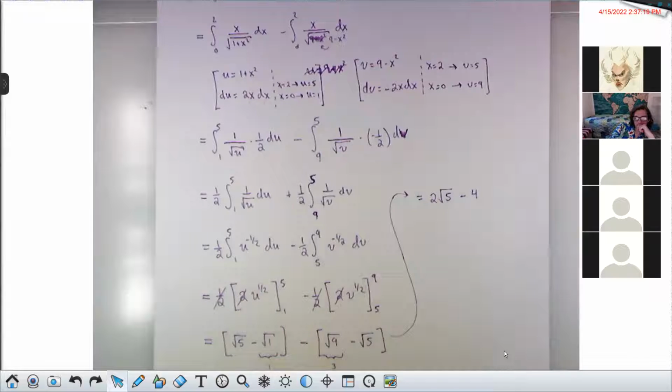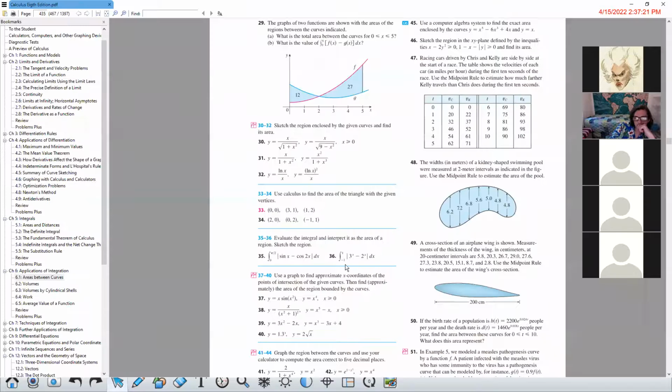Okay, let's try another then. There are some other fun ones here. We've got this fella and this fella, and they both look cool. We got all the time in the world. Let's do 31. X over 1 plus x squared. I actually know what that graph looks like.